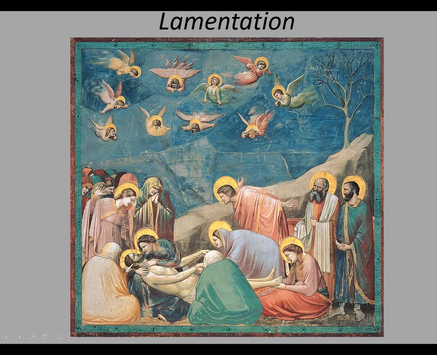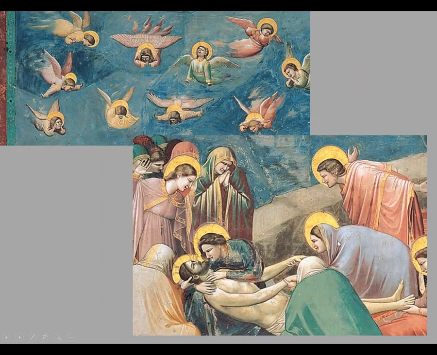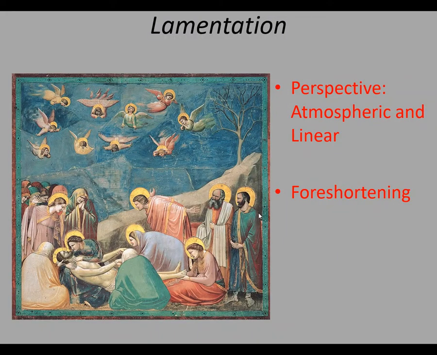Giotto is showing foreshortening there as well. You can see a little closer here. So there are your terms: there's foreshortening, and then we have atmospheric perspective, that's that haziness, and then we have linear perspective, which is when lines at angles are used to show things going back in space.